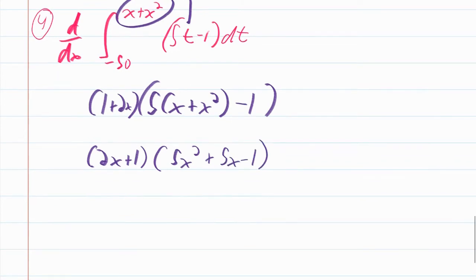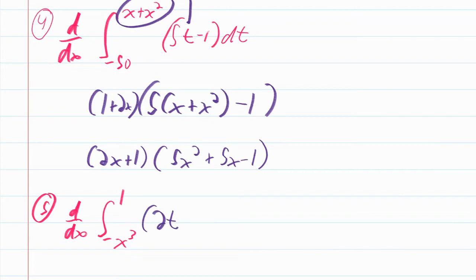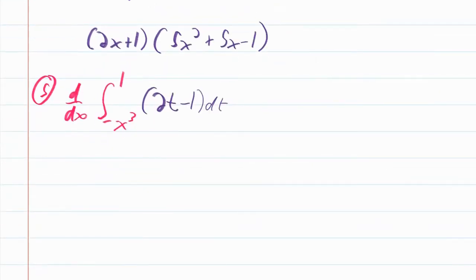Okay, next, we're going to do the derivative of an integral from negative x cubed to 1 of 2t minus 1 dt. So now I have the variable in the lower limit. And as you should be aware, I can pull a negative out and switch the lower limit and upper limit. So now I'm going from 1 to negative x cubed of 2t minus 1 dt.